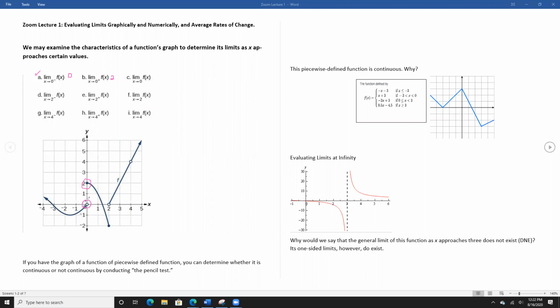Since those limits do not agree from both directions, we would say that the limit in general does not exist. Depending on the textbook, some would simply write DNE. Some textbooks have different notations, but since the limits do not coincide, or they're not the same from both directions, we would simply say that the limit as x approaches 0 does not exist.